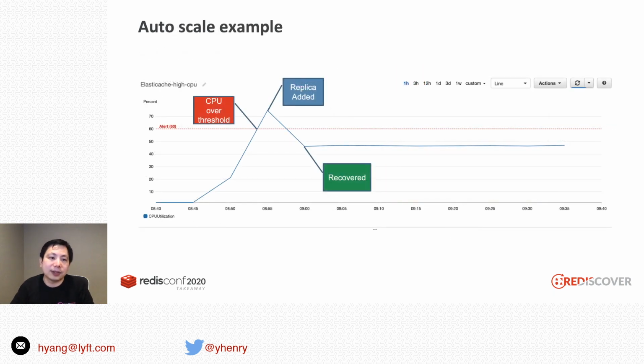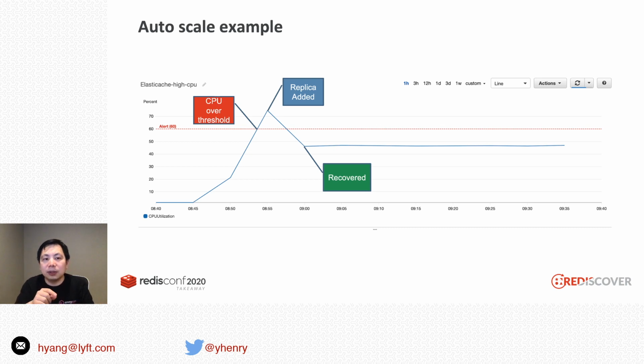And here you can see this in action. We have a cluster that was barely in use, and then traffic suddenly ramps up and it hits the CPU threshold that we set, about 60% CPU for these clusters. And then our script kicks off and a replica is added.